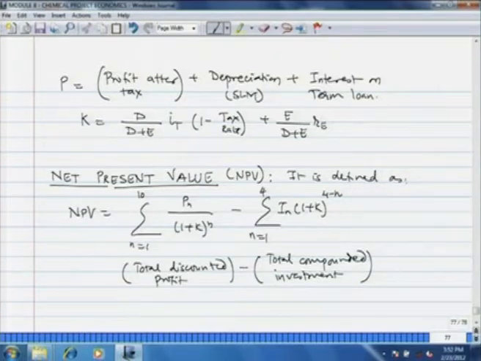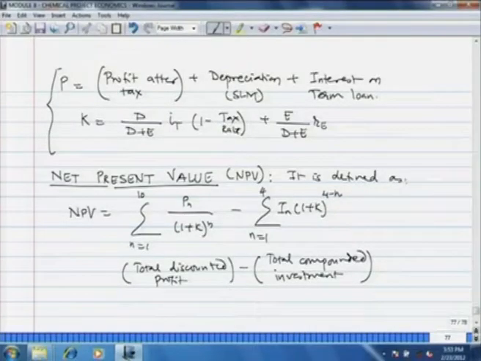And thus this is how we can give a numerical value for K. Typically K is taken to be between 15 to 20%. This is a typical value for petrochemical project. If K is lesser than that, then the project is not attractive.